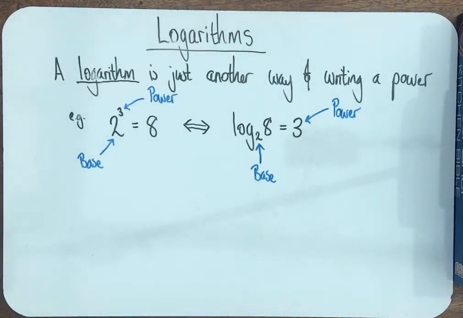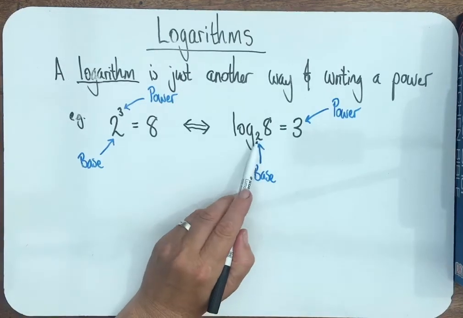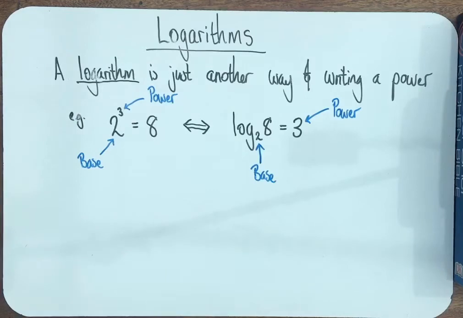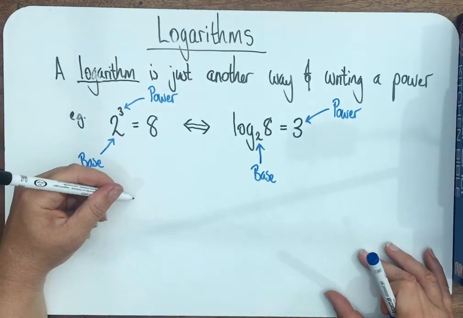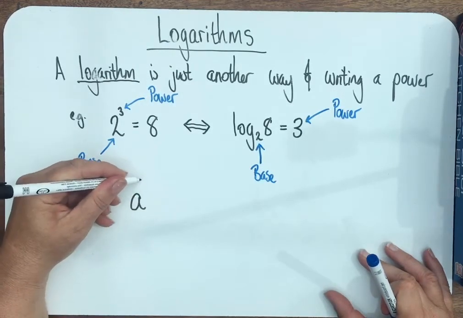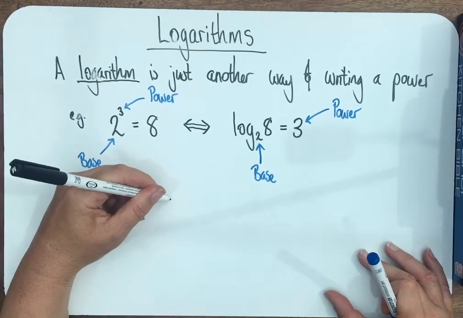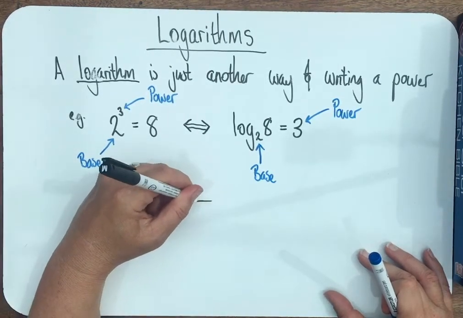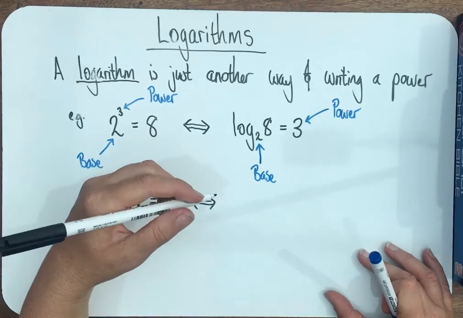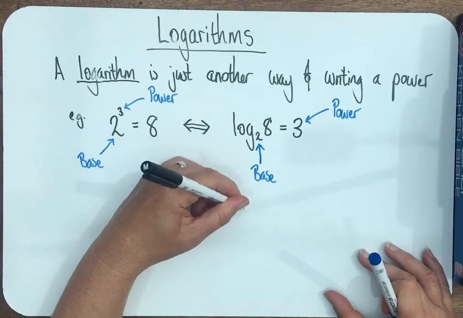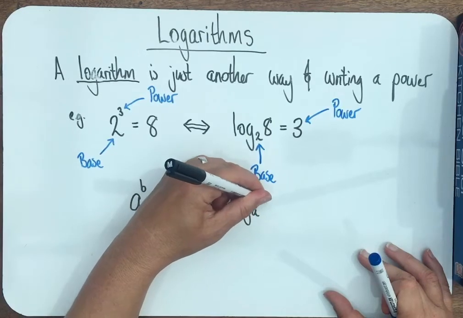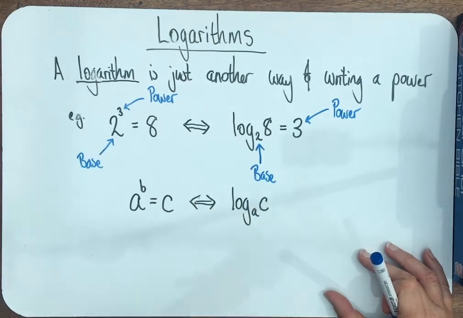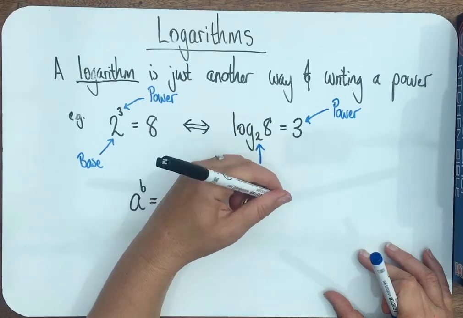So you're basically saying what power do you raise 2 to get 8? So 2 times 2 times 2 is 8. So the answer is 3. So your first rule of logarithms is that if a to the power b is equal to c, that's exactly the same as saying that log to the base a of c is equal to b.